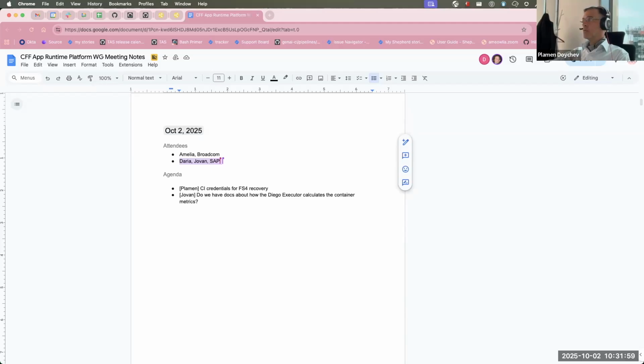Maybe 2 months ago, we managed, with the support of Rob from the Broadcom side, to create an extraordinary release, so to say. But as far as we know, currently the FS4 stack pipeline is completely removed.